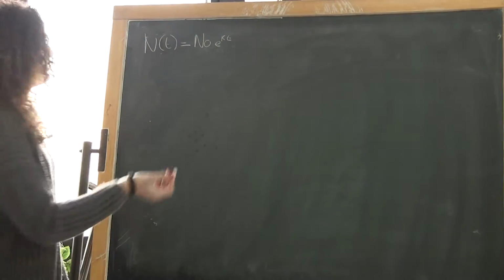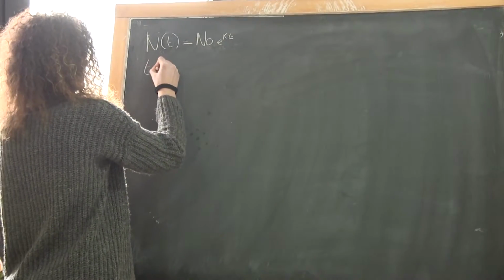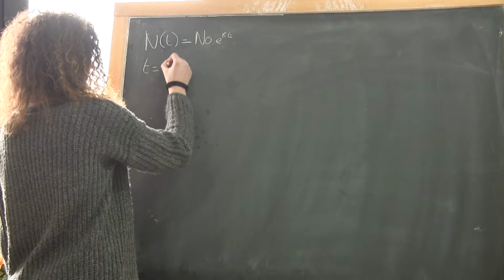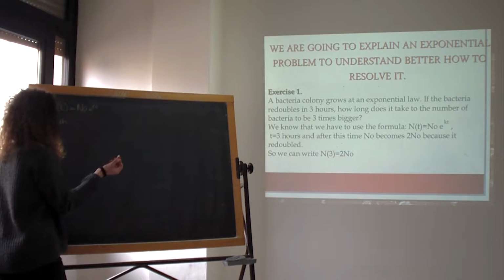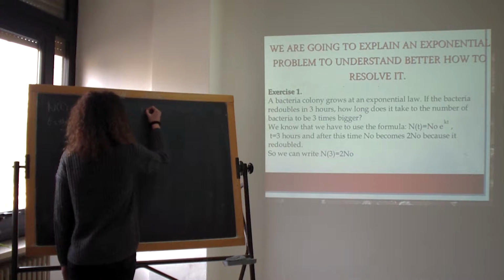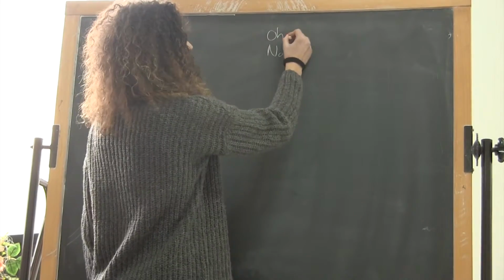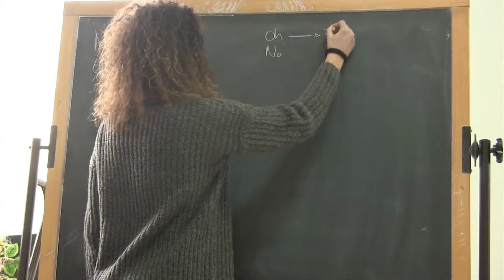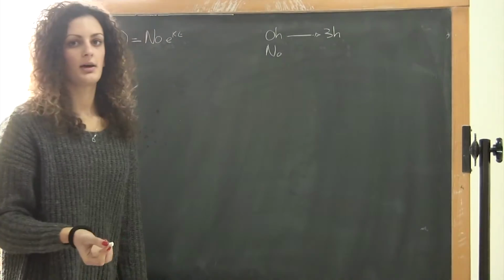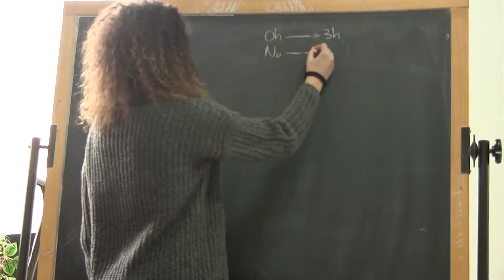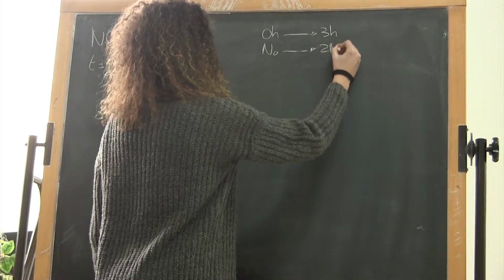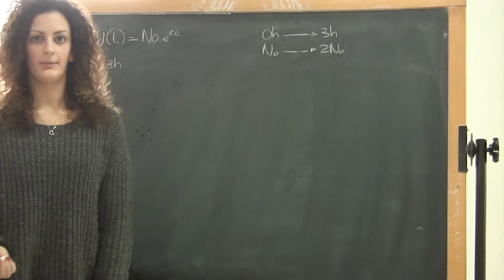So we have t equal to 3 hours, and at the beginning, at 0 hours, we have N naught. And after 3 hours, N naught became 2 N naught because it redoubled.